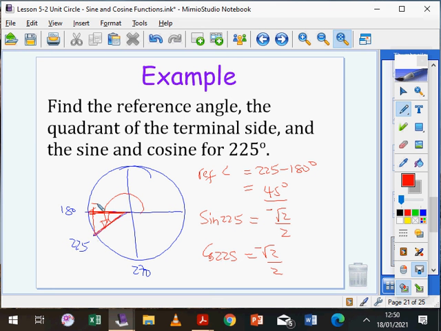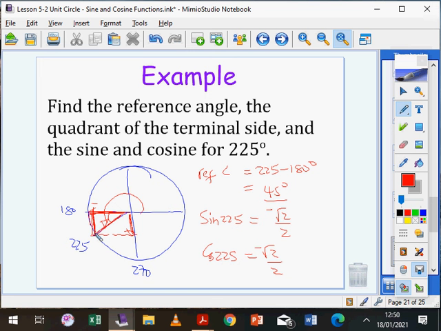If you look at the y value, up to here, it's also going in the negative direction. So you also expect the sine to be negative. However, the tangent will be positive because you divide both of them, and dividing two negatives gives you a positive.